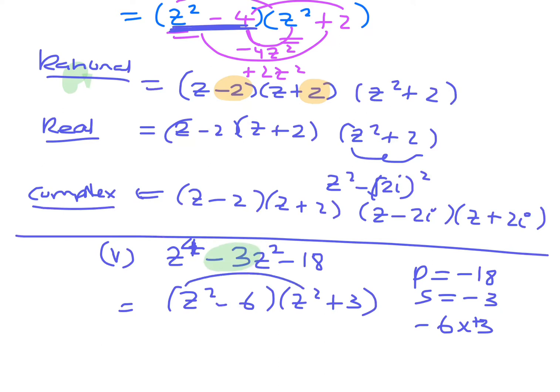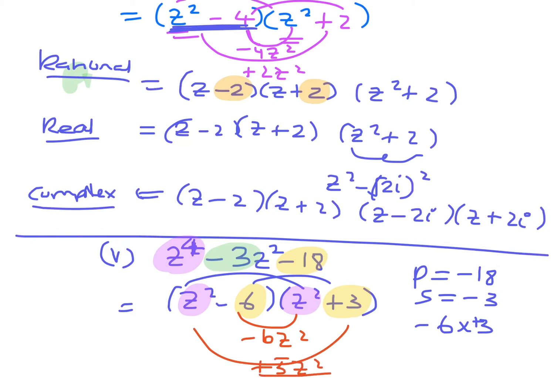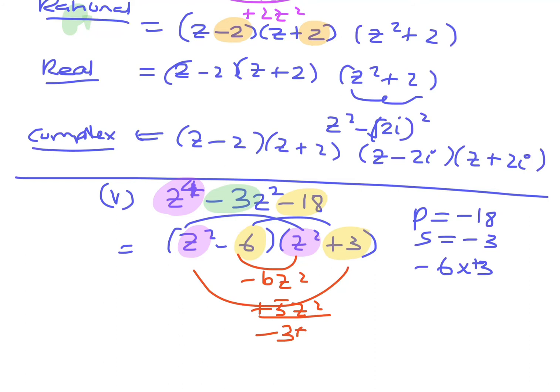The z squared times z squared gives you z to the 4, and the minus 6 times 3 will give you the minus 18. The middle terms, minus 6z squared plus 3z squared, when you add those together, that's where you get your minus 3z squared.